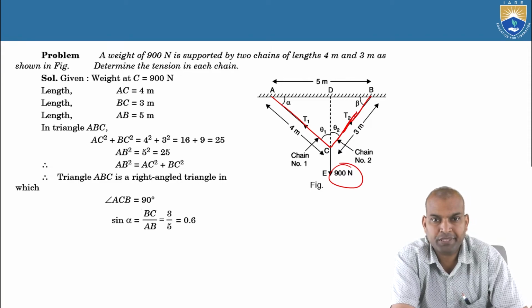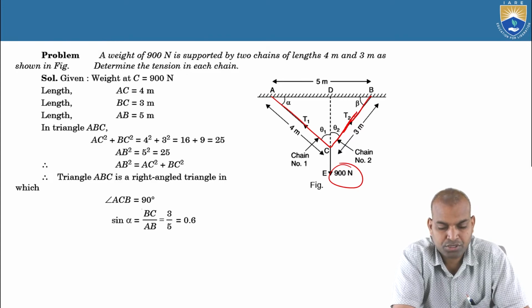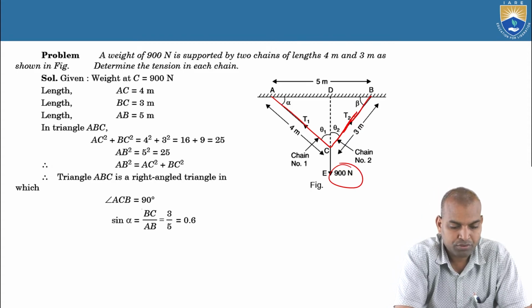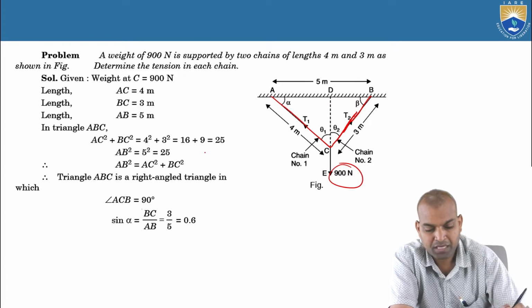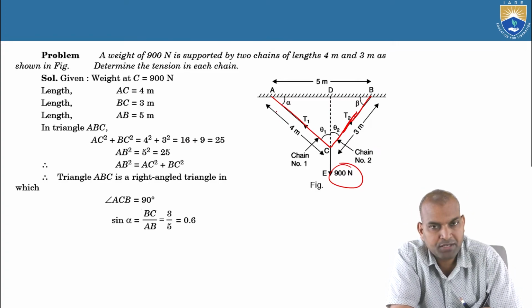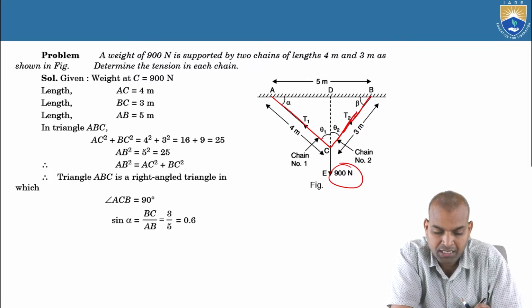They gave the geometry, the lengths of the chains AC and CB. How do we find the tension in each one? If we want to find the tensions T1 and T2, we should know the angles between them, that is alpha or beta to be known, and theta 1, theta 2 to be known. Then only we can find them.